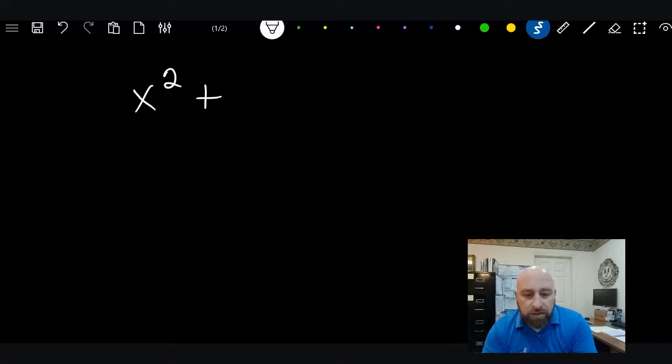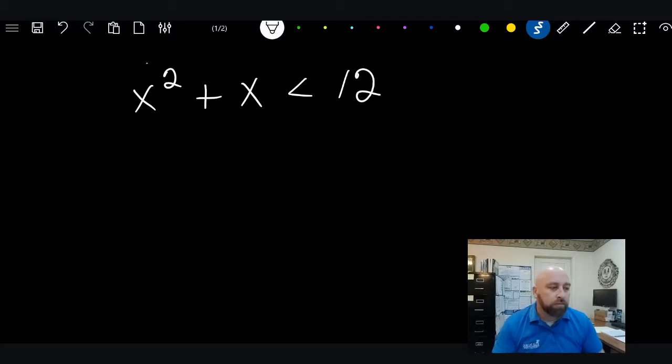So let's go ahead. First thing that we need to do is solve the equation. So let's try one: x squared plus x is less than 12. If you remember from standard form and from all the quadratics that we've been doing, we want to get it into equals 0.